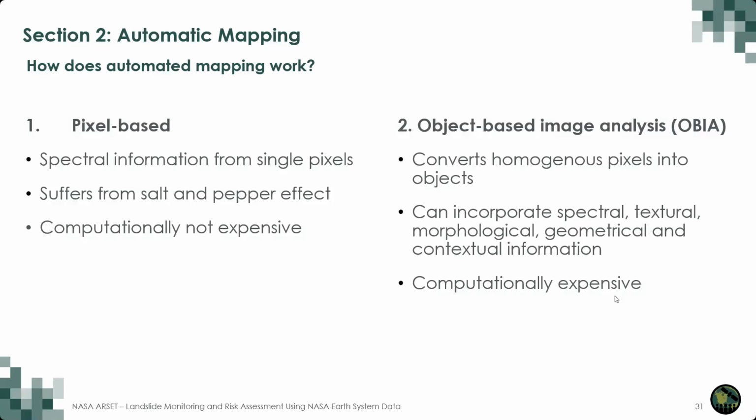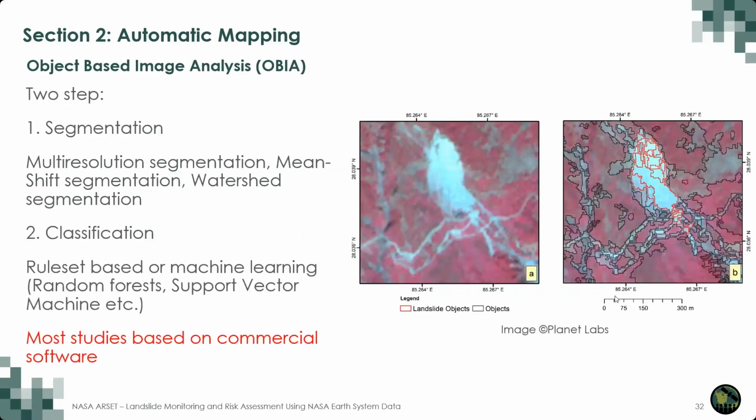An object in the literal sense is a polygon made up of similar pixels. Spectral, textural, morphological, geometrical, and contextual characteristics of these objects are then utilized to detect landslides. Comparative studies have found OBIA to detect landslides accurately with fewer false positives. One caveat is that it is computationally expensive in comparison to the pixel-based method.